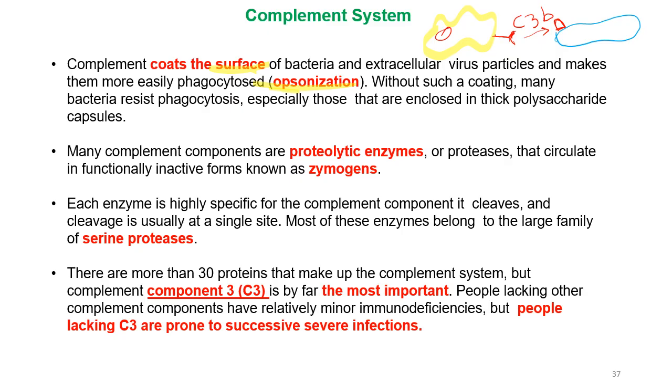So I mentioned C3. The C3 protein is the most important protein of the complement system because all of the different pathways are going to converge at this C3 stage.